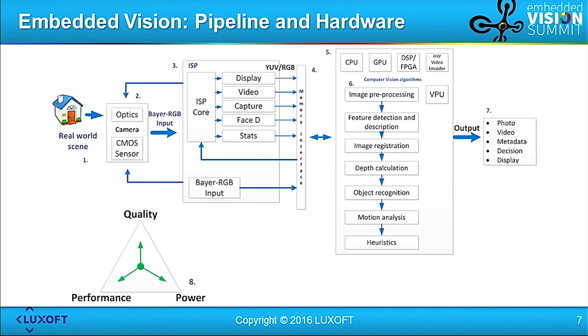We take the real-world scene and derive decisions and metadata using all these compute cores. Because this is a non-PC architecture, what we often see in our practice is that software engineers just port their algorithms straight and turn off GPUs or DSPs, because the algorithms were not initially designed to take advantage of these compute cores.